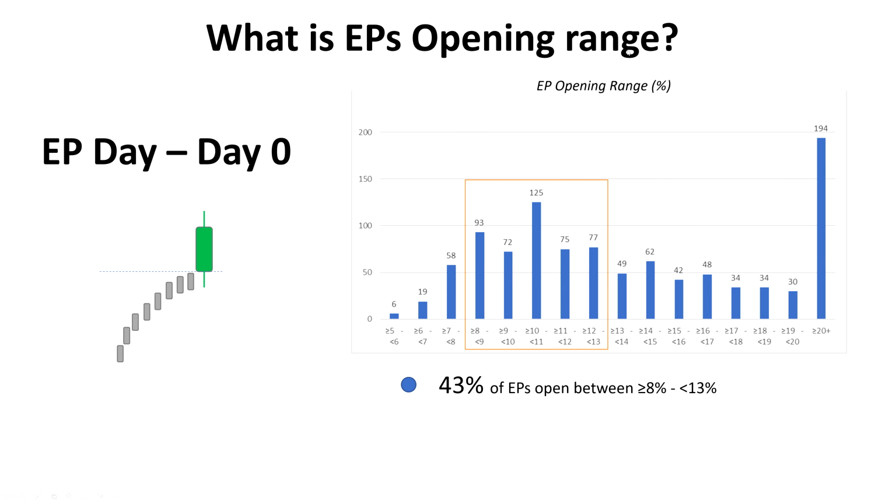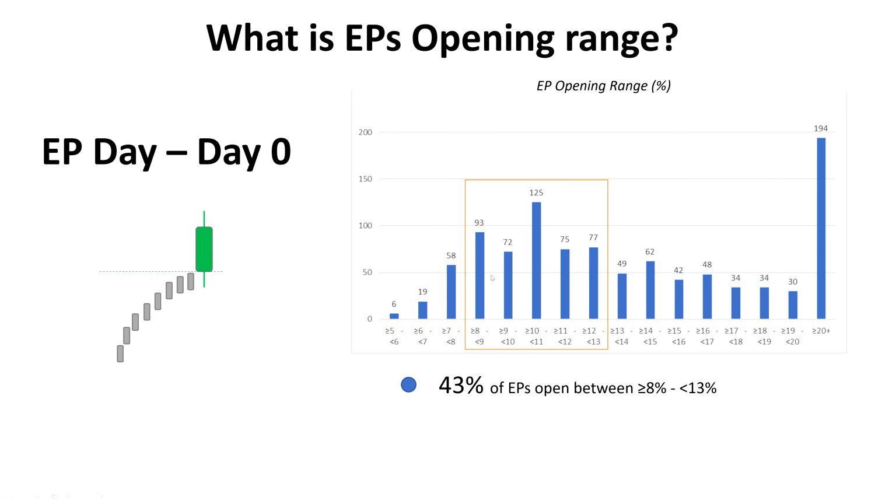What is EP's opening range? So we come from pre-market to the trading hours, and what I saw after summarizing the data is 43% of EPs open between 8 and 30%. Christian says an EP is 10% or more.